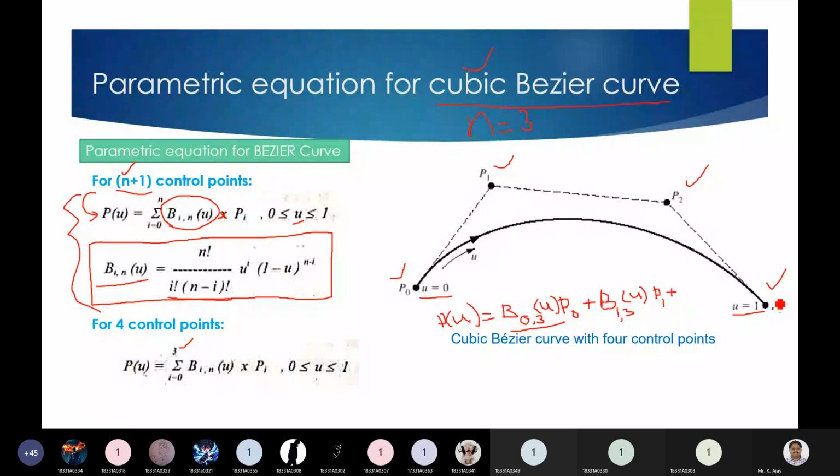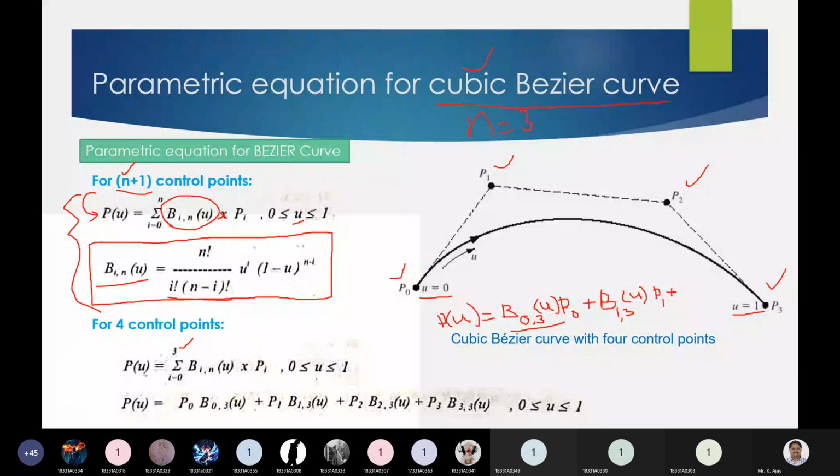So Bernstein functions consider each and every control point. They become the coefficients of each and every control point. Similarly, you can understand the overall equation will become like this: P of u is equal to P naught B 0,3 of u.